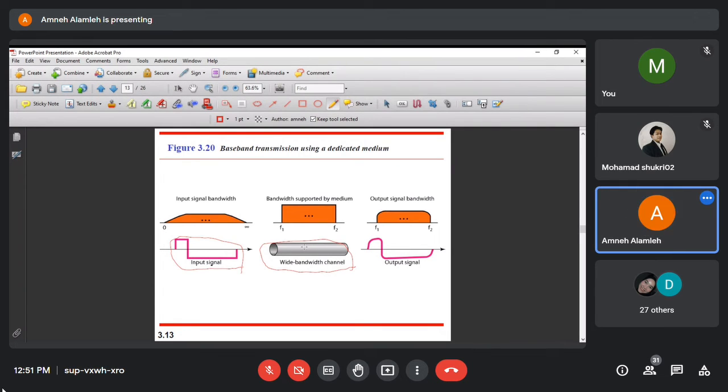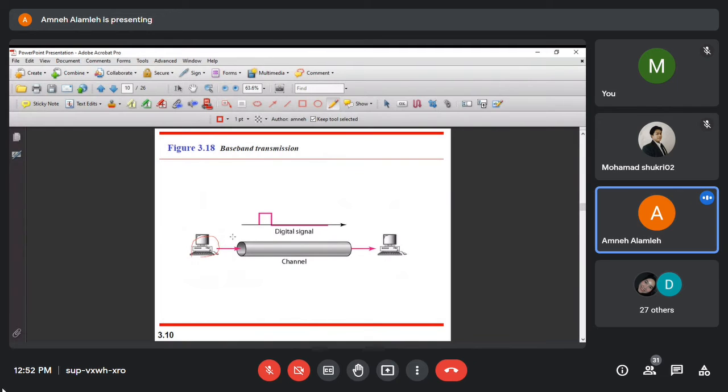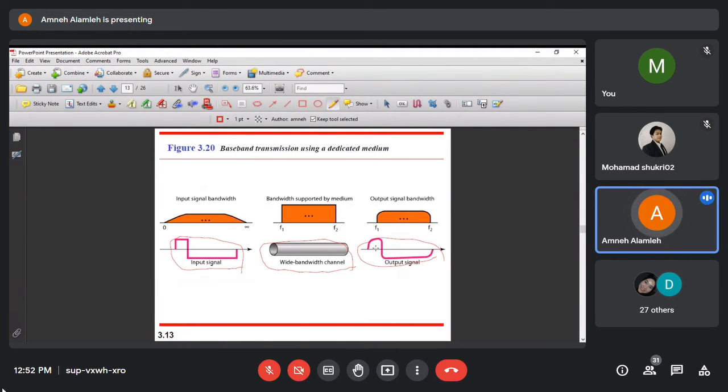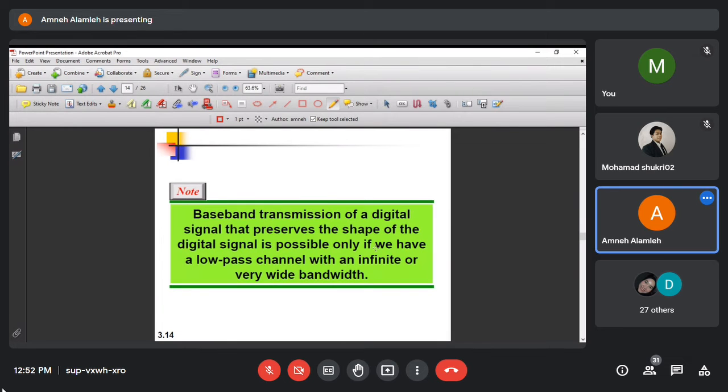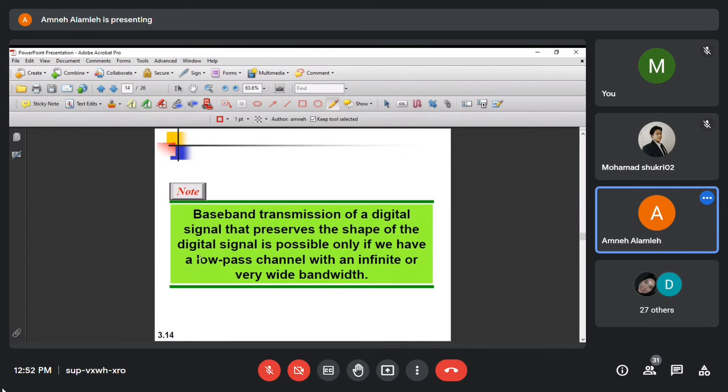And using this medium or channel, we can have the output signal mostly like the input signal, but not converted to analog. It's still digital, like we have seen here, sending digital and receiving digital signals. So baseband transmission of a digital signal that almost preserves the shape of the digital signal is possible only if we have a low-pass channel.